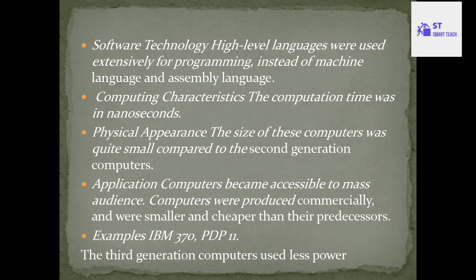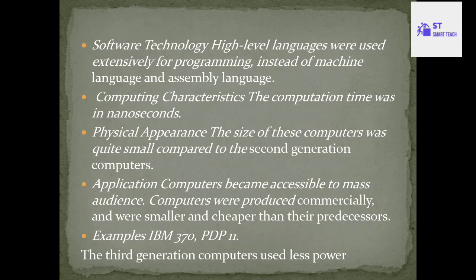The computation time was nanoseconds. Okay, milli, micro and nanoseconds. The physical appearance of these computers was quite small compared to second generation computers as well as first generation computers.